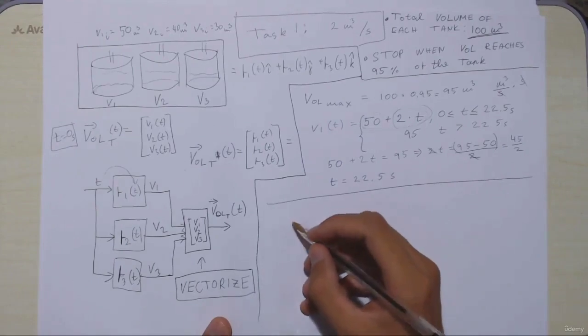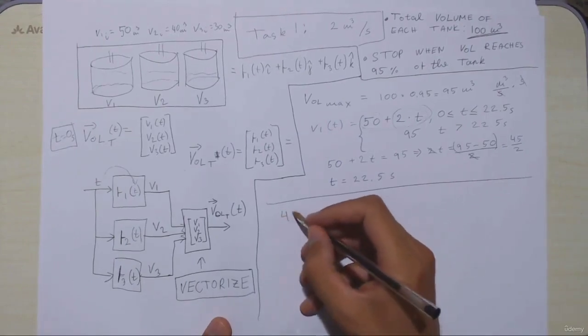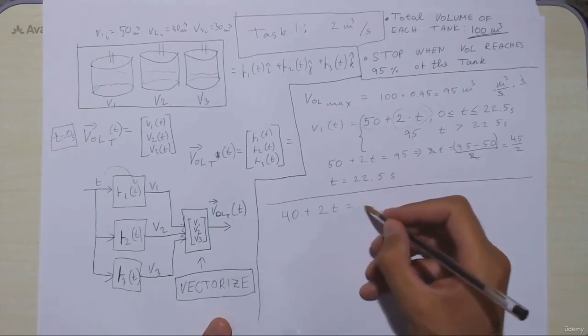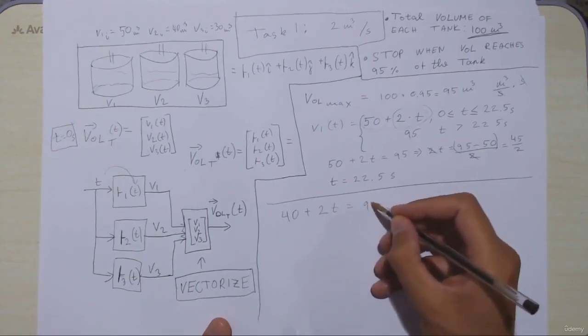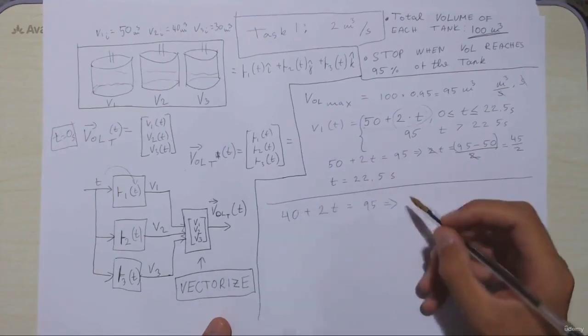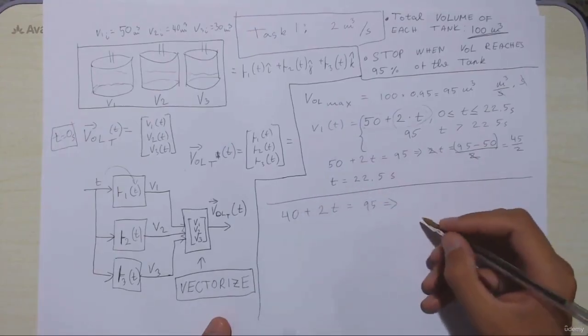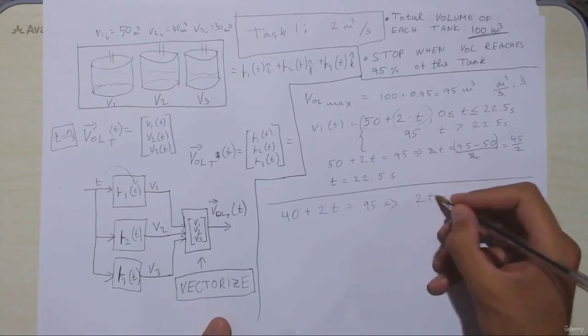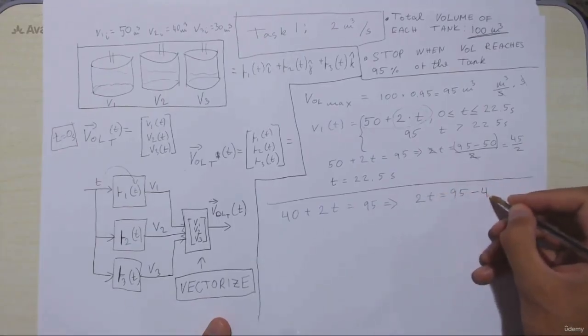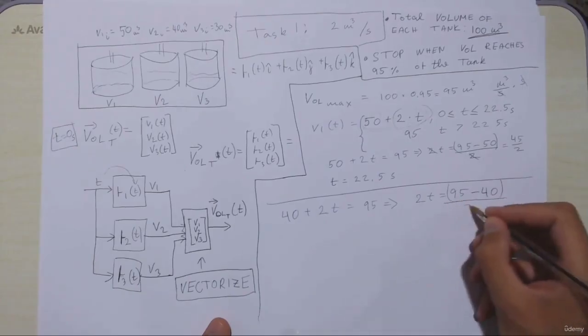So in the second tank, our equation would be 40 plus 2t, and again 95. In order to find the time when we have to shut down the second tank, we need to calculate 95 minus 40, and divide it by 2.